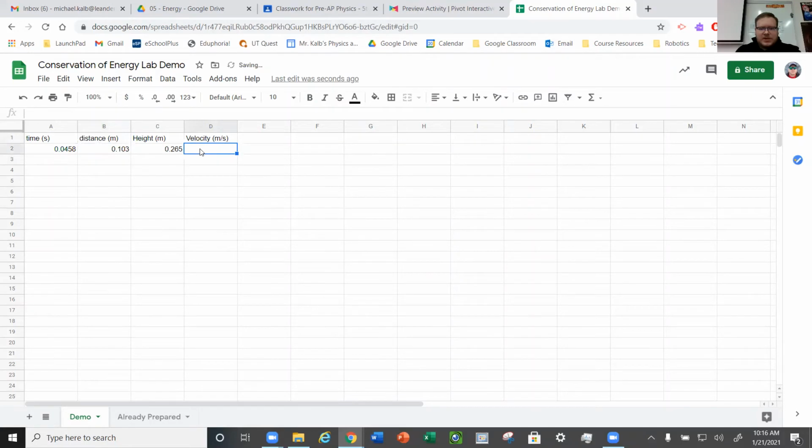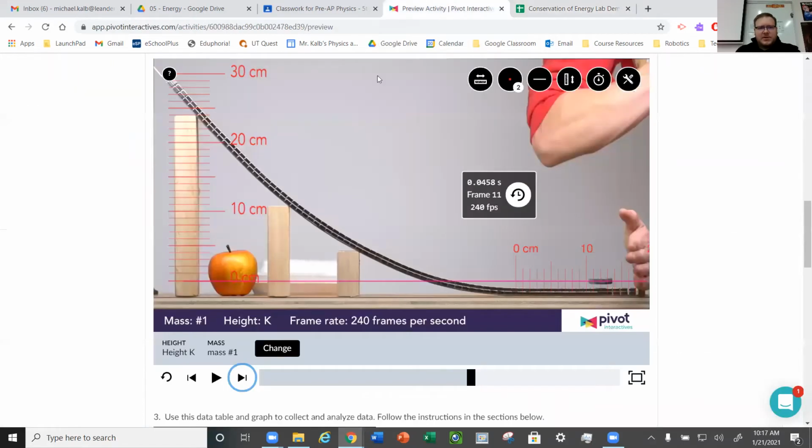And then velocity is distance. So I click that cell, divided by time, click that cell, enter. So there's my velocity. Now I'm going to want to do this at multiple heights, at least 5, to get a good trend going.